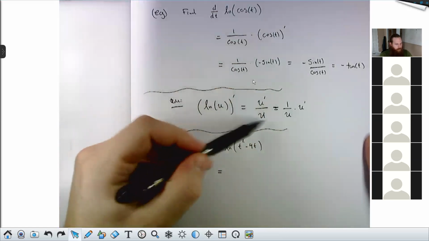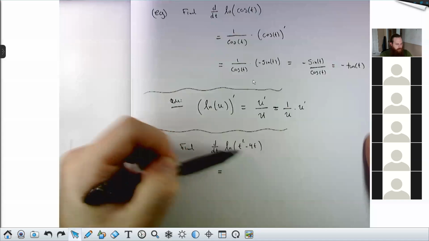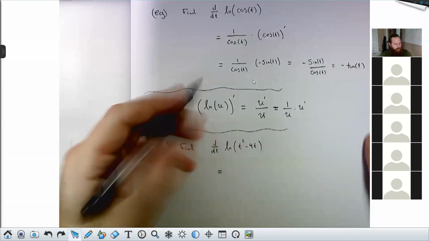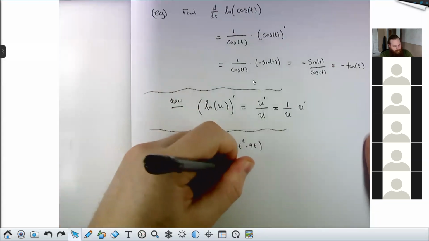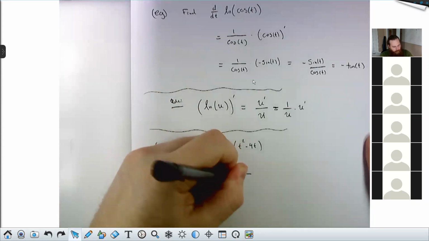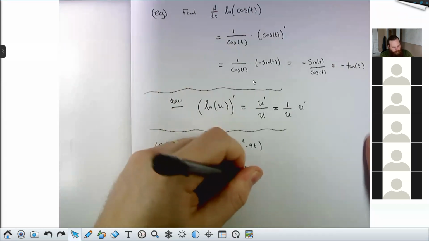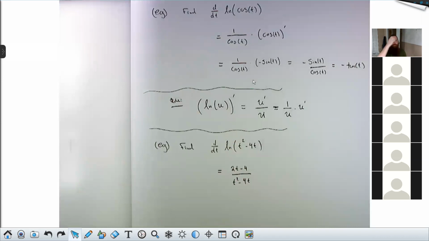So if I follow this rule, here u is t squared minus 4t, it'll be 2t minus 4 over t squared minus 4t. The derivative of the inside divided by the inside. Not too bad, right?